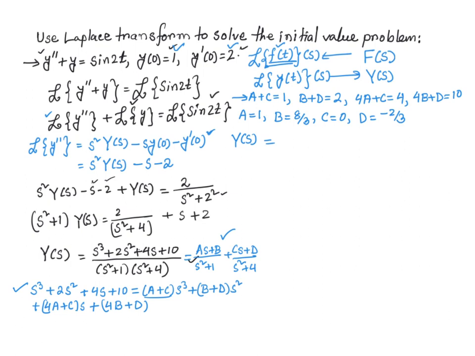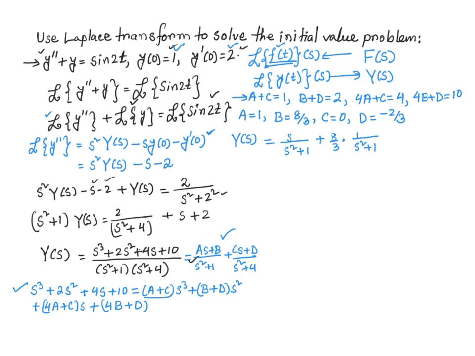I'm actually going to go ahead and make one more step. So it's going to be s plus 8/3, right? So I'm going to write it as s over s squared plus 1, then plus 8/3 times 1 over s squared plus 1.